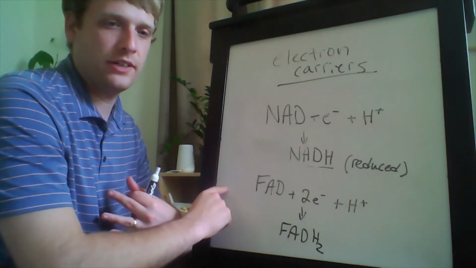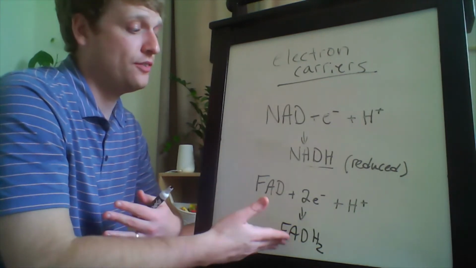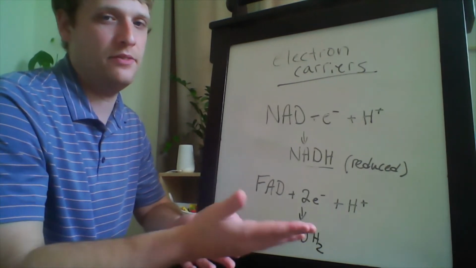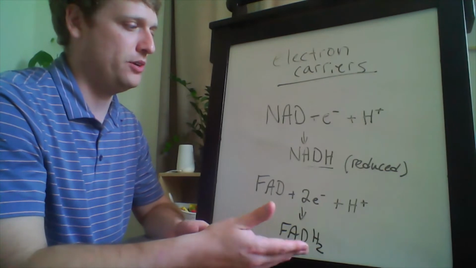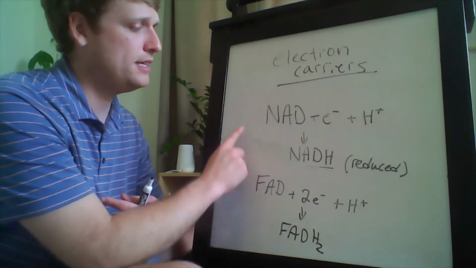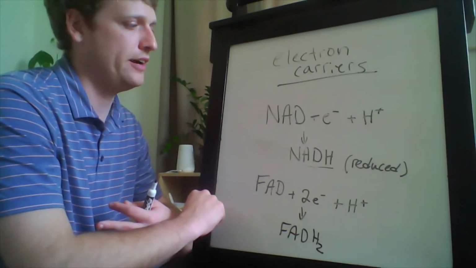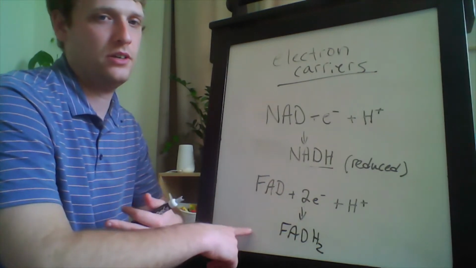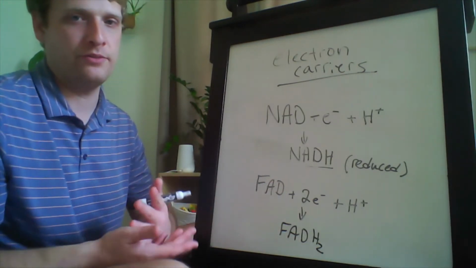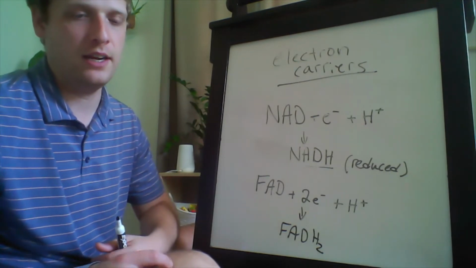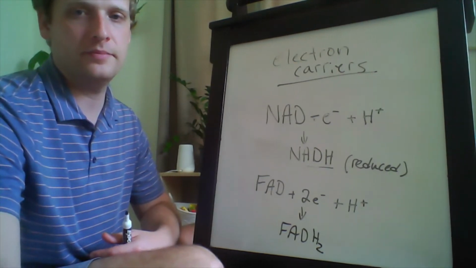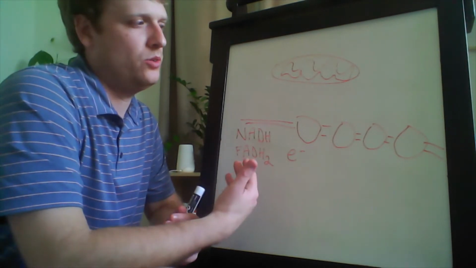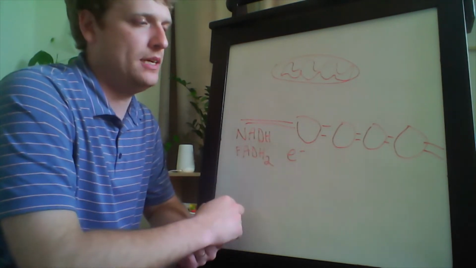Once these electron carriers transfer those electrons to the next step, you'll see that even more energy is produced. So reducing these electron carriers, you'll see in a second, is going to be important for the ability to generate ATP. So right now, I want to explain where the ATP is coming from.